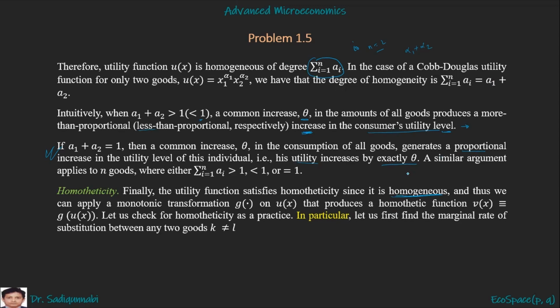So our original function is u(x). If we apply a monotonic transformation of this u(x), suppose v(x), which is a function of u(x), then this function is a homothetic function.